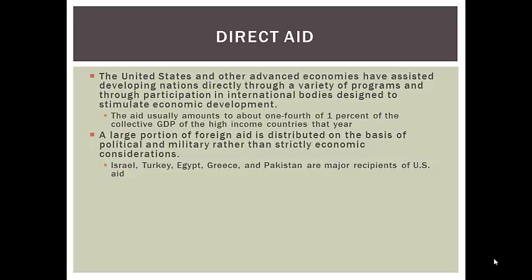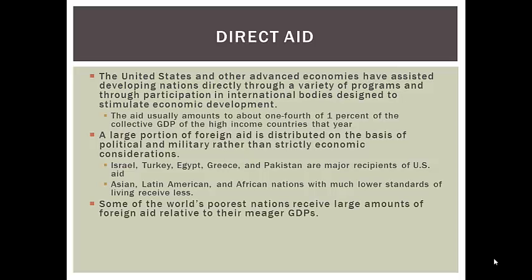And as we know, those countries are not among those with the lowest standard of living. Most of our aid goes to countries where the political process dictates the help. Asian, Latin American, and African nations with much lower standards of living receive much less than the countries discussed above.